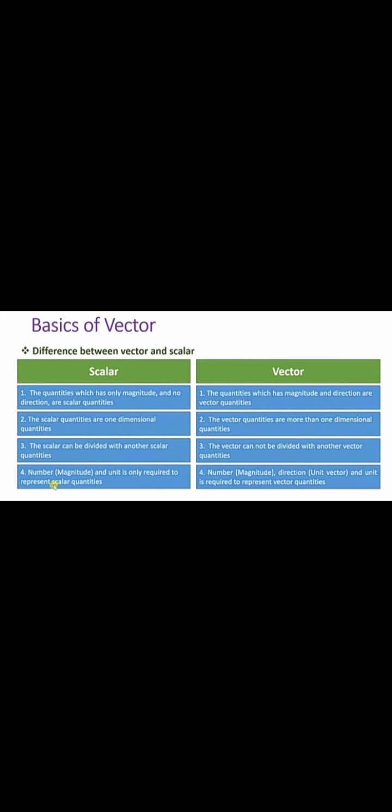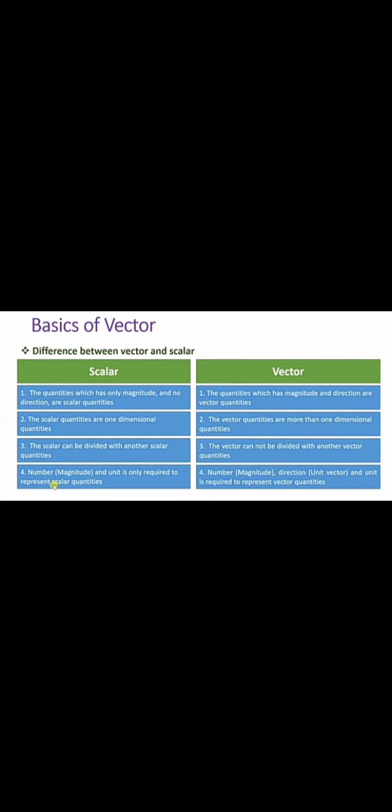There is no direction, only a particular value exists. That we call a scalar quantity. The best example: when we talk about mass, it is a scalar quantity. The weight of that object, for example, 43 kg, 53, 66, 20 kgs. Likewise, it is only representing a magnitude.